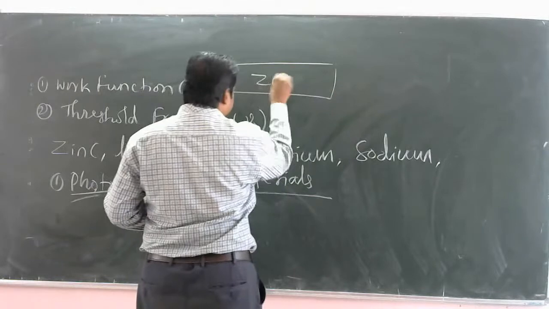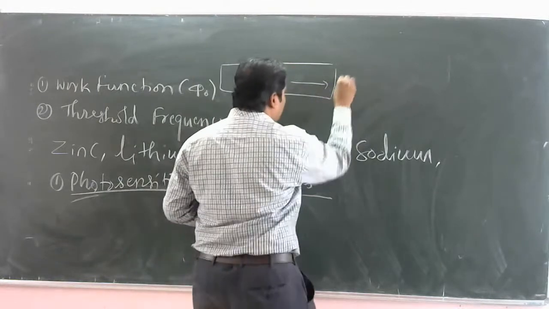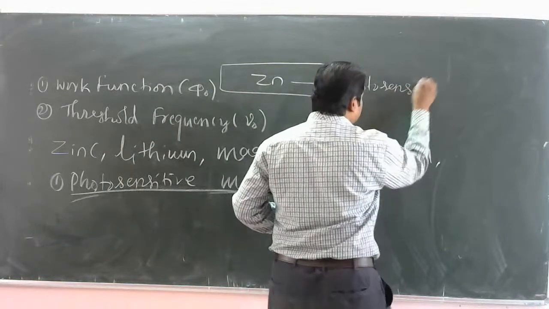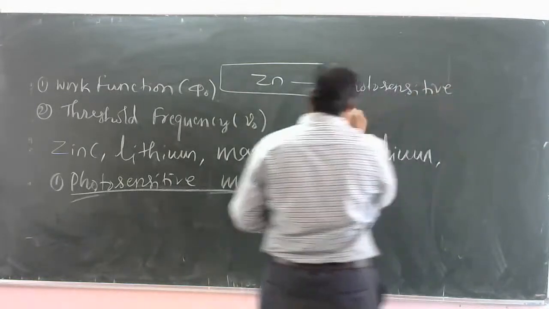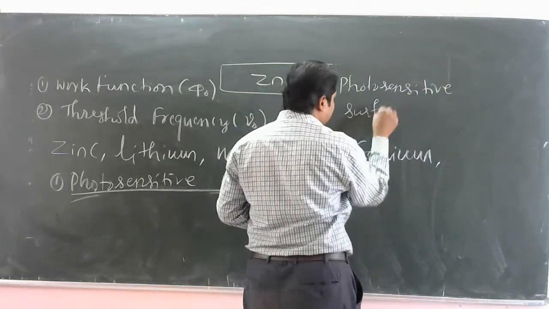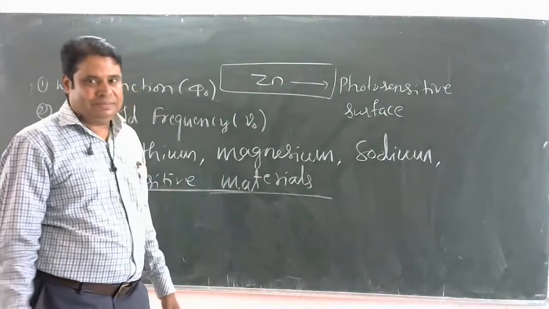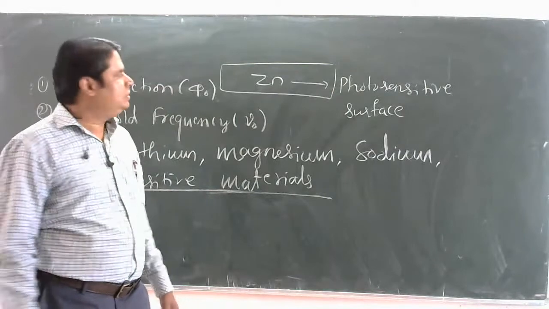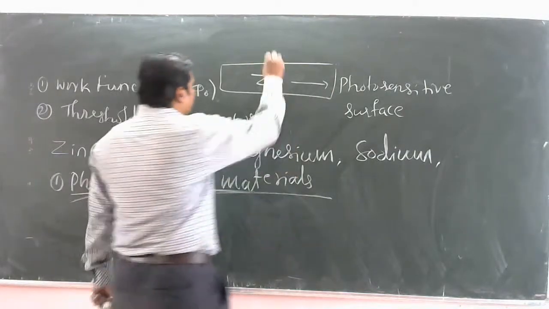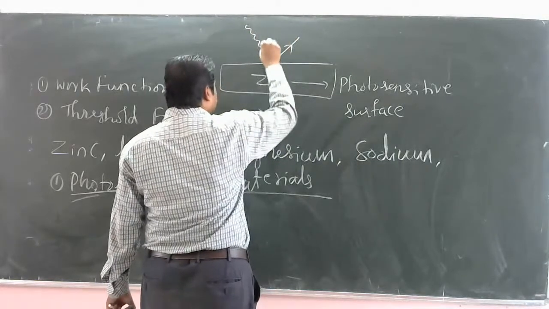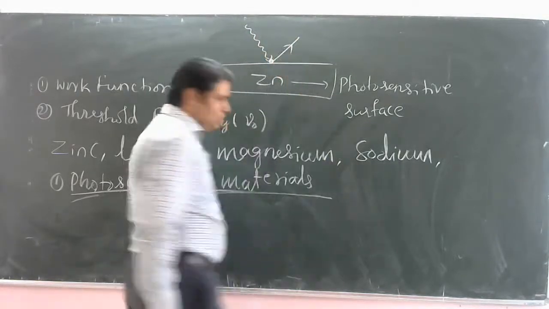See, zinc. This is called a photosensitive surface, by the nature of that material. Electrons are liberated here by applying a certain radiation.